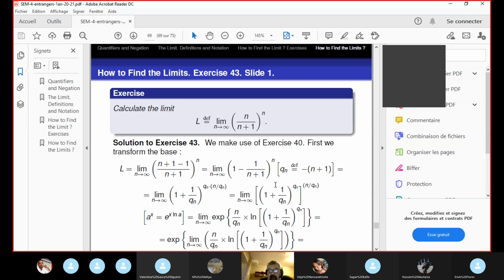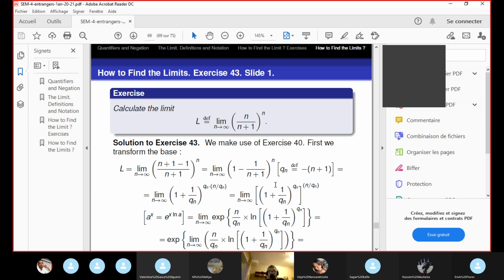Then my idea here is to use our exercise number 4, but the second limit. So I write that my sequence q sub n will be minus n plus 1. Then, as the base, what do we have? We have 1 plus 1 over q sub n.